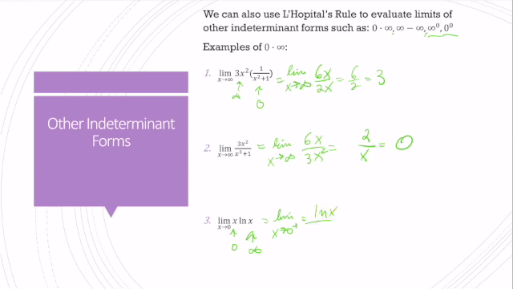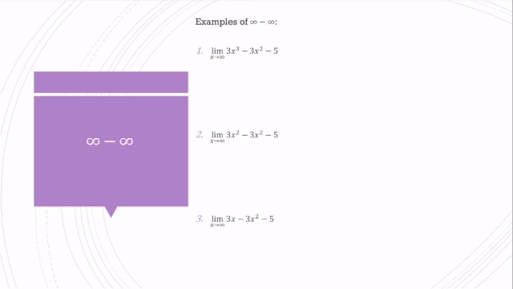So I have natural log of x over 1 over x. That gives me 1 over x over negative 1 over x squared. I need to simplify, which gives me negative x. As x goes to 0, that's just going to be 0. Final answer.